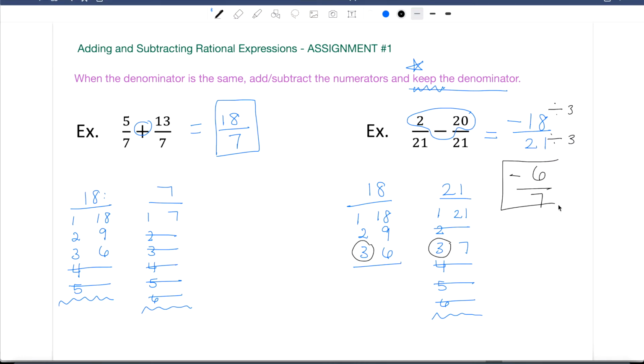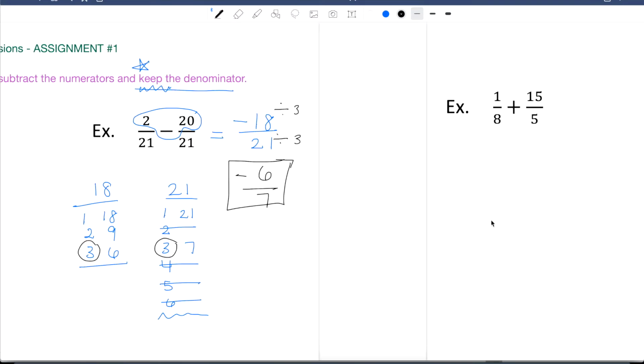And there is your answer simplified. That's it. So again, the rule is when the denominator is exactly the same, you just add or subtract the numerator and you just keep the denominator as it was. Hopefully that makes sense. I'm going to move on.